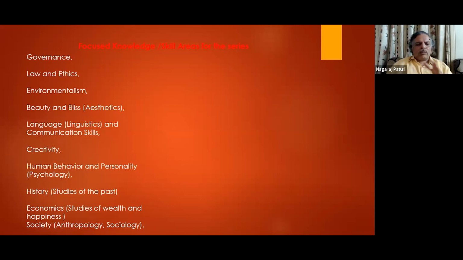Let me try to articulate my answer a little better. There is a Western university studying governance, for example, and there is probably the same university studying Indology or Sanskrit studies.